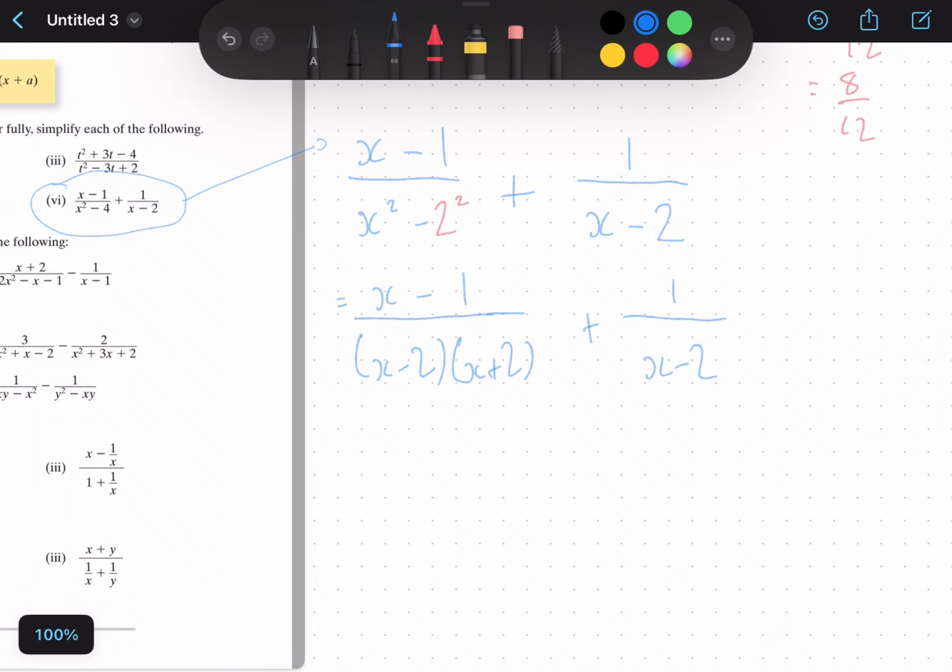Normally, my common denominator is this multiplied by this, and I'd get x minus 2 multiplied by x plus 2 multiplied by x minus 2. But I don't need to multiply all of those together to get a common denominator. A common denominator between those two things is just x minus 2 multiplied by x plus 2.